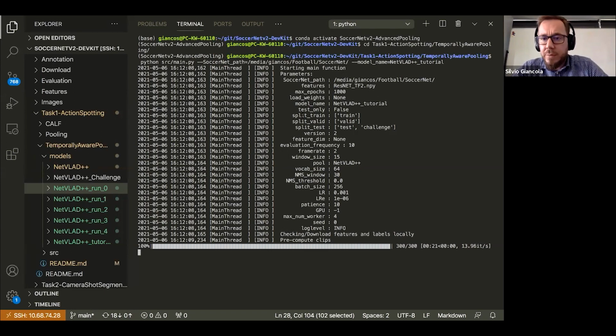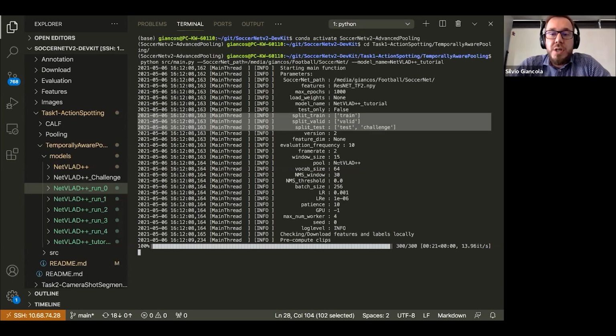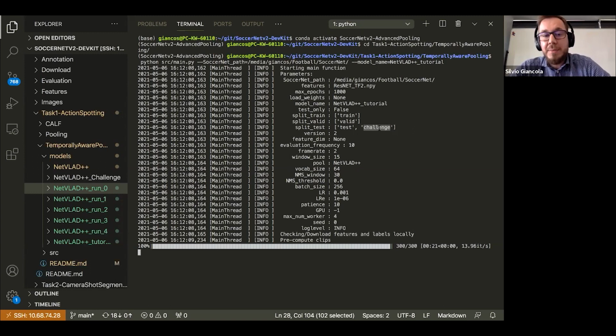In particular, I have some parameters that might be novel with respect to the previous code, which are those three parameters: the split used for training, the split used for validation, and the split used for testing. As you can see, there is an extra split called challenge that I will not test on, but at least I will create the output that can be submitted to EvalAI.